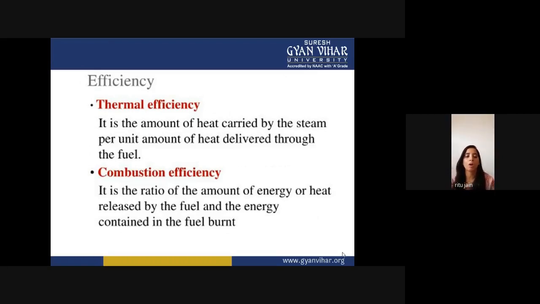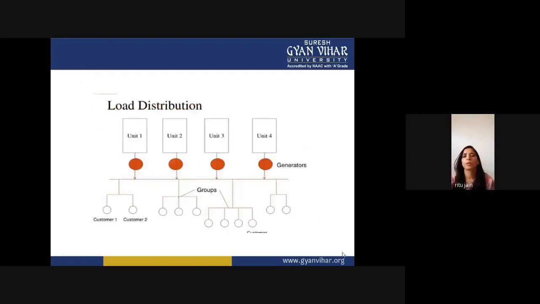You can say it is how much heat you are using out of what you get from combustion of the coal. So this is the basic difference between thermal efficiency and combustion efficiency. Combustion efficiency is the ratio of the amount of energy or heat released by the fuel and the energy contained in the fuel burned. Okay, so this is your combustion efficiency and thermal efficiency. Let's come to the next point.